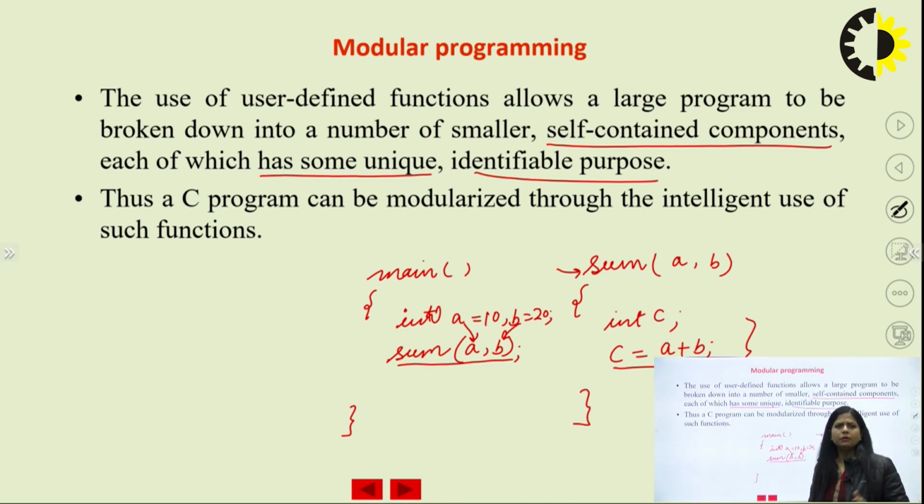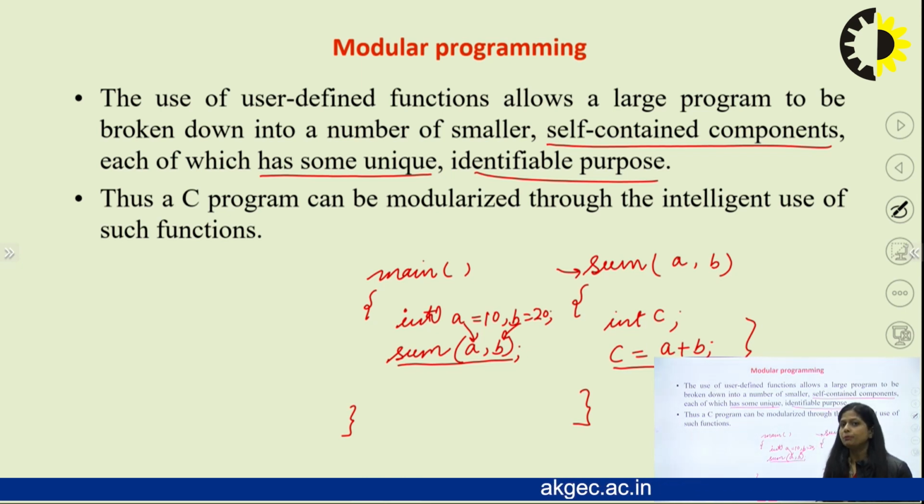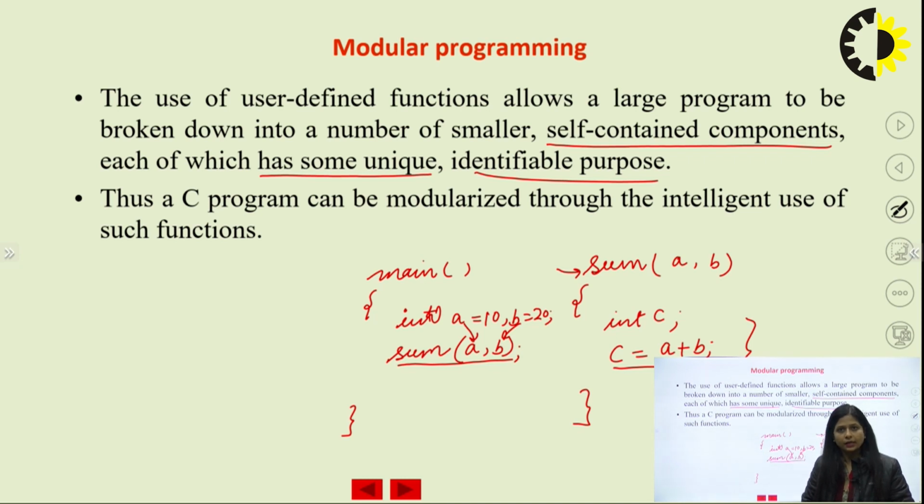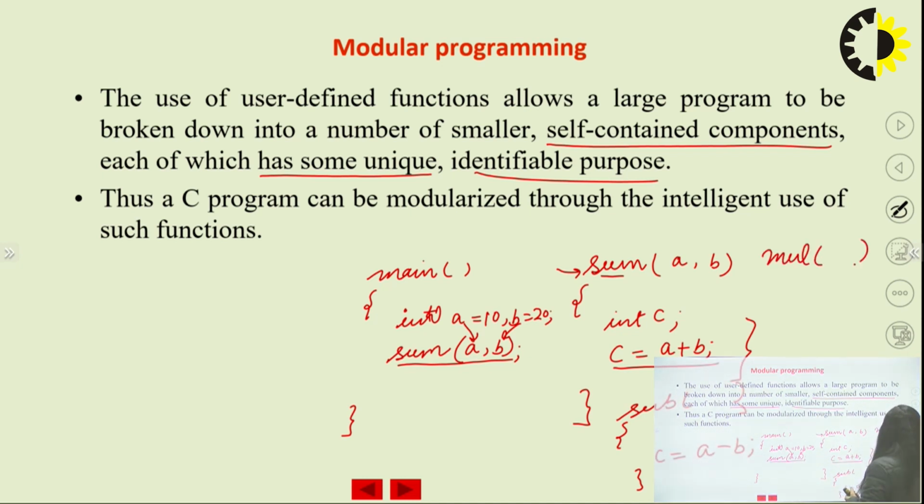Next, each of which has some unique identifiable purpose. Suppose there are multiple functions in your program. Each of them will be performing a specific operation. Like one function I have prepared for adding two integers, maybe another I'm creating for difference, subtraction, right? Here we will be calculating the difference. Another function we can have, say, multiply.